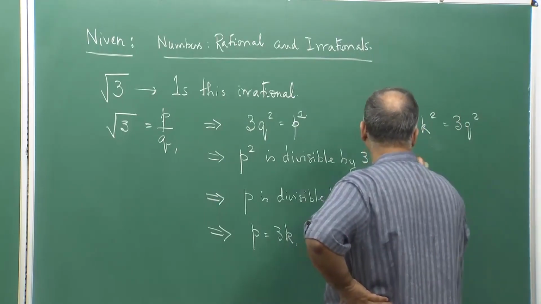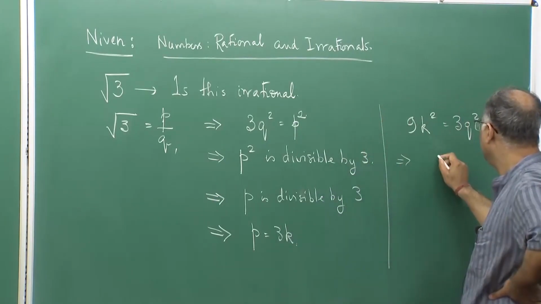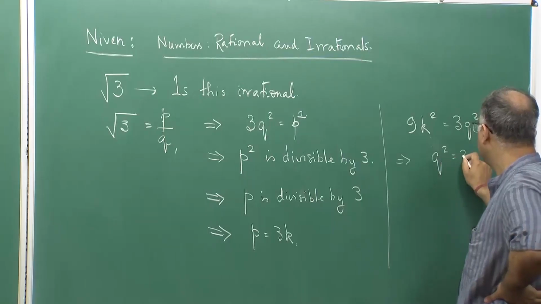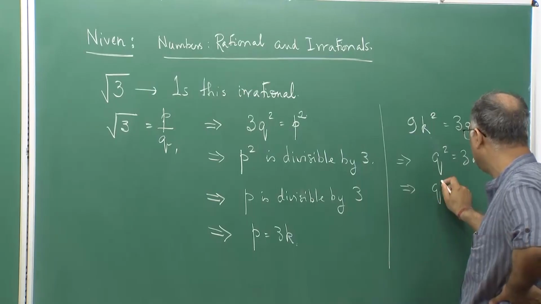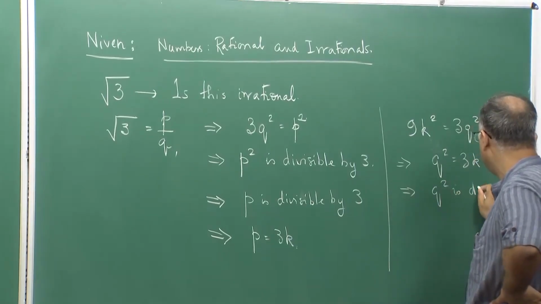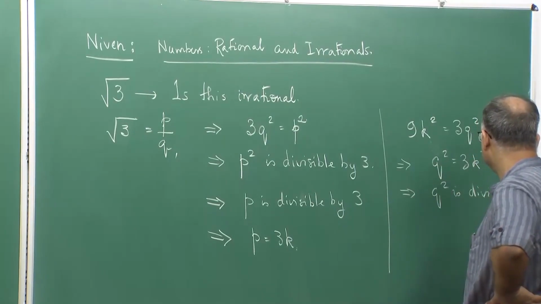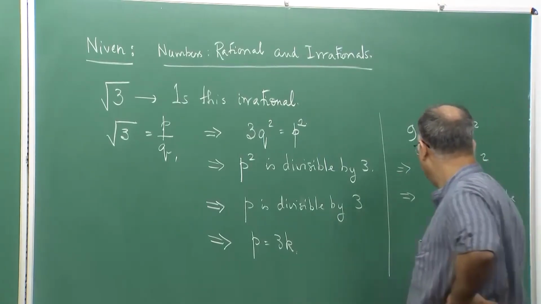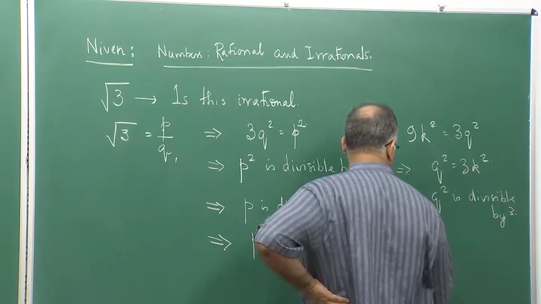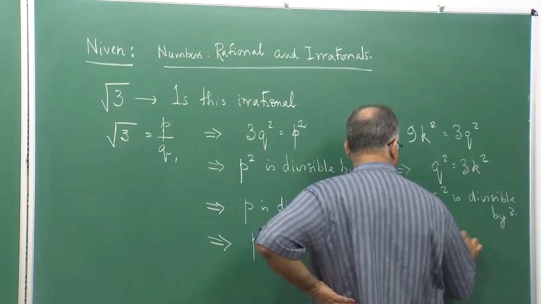So, that would imply that Q square is 3 K square, which implies that Q square is divisible by 3, and hence Q is divisible by 3.